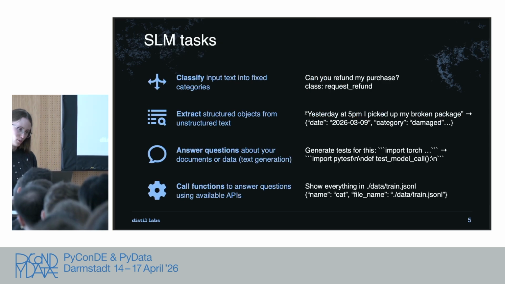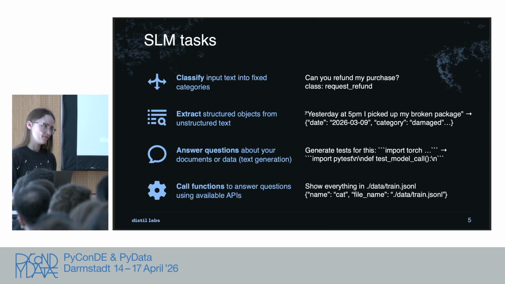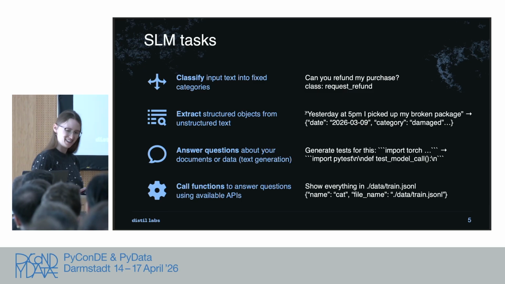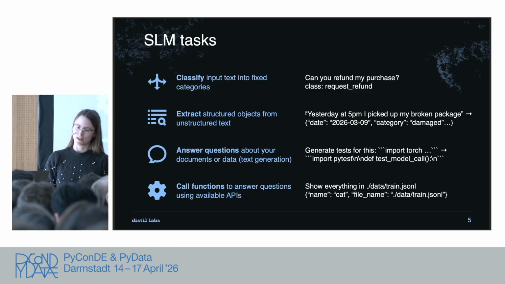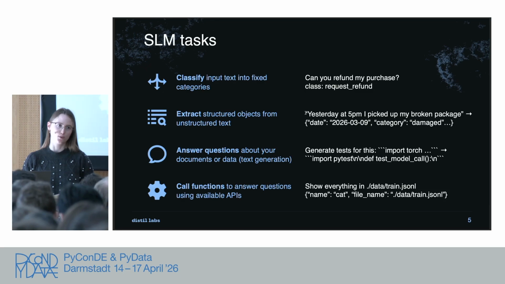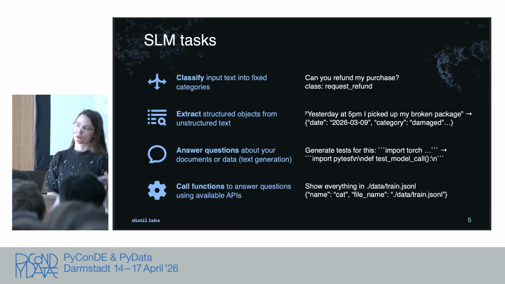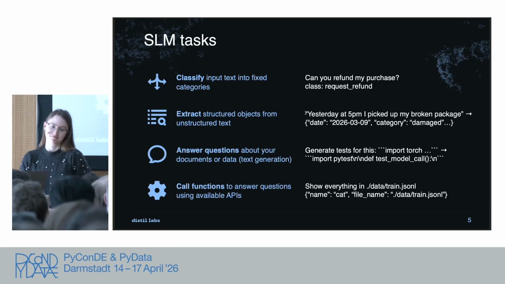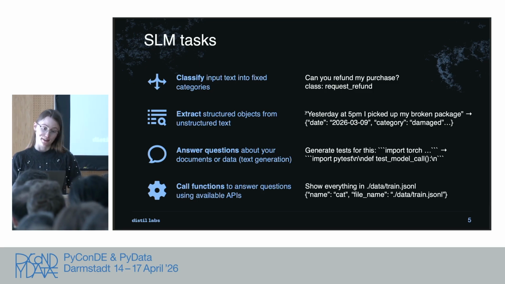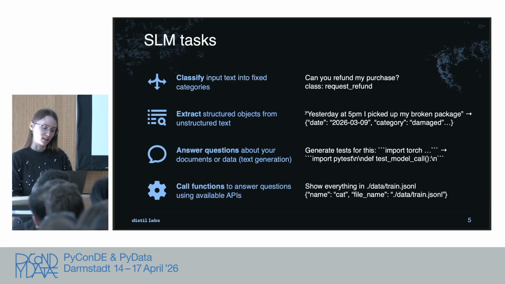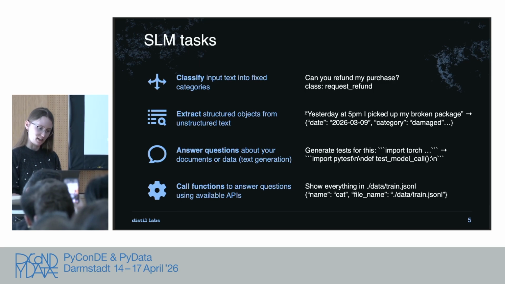So small language models can handle, well, not all, but some kinds of tasks pretty well. For example, classification and routing, I think it's a good task for an SLM or even an encoder model. Then extracting structured information, that's also a pretty good task.